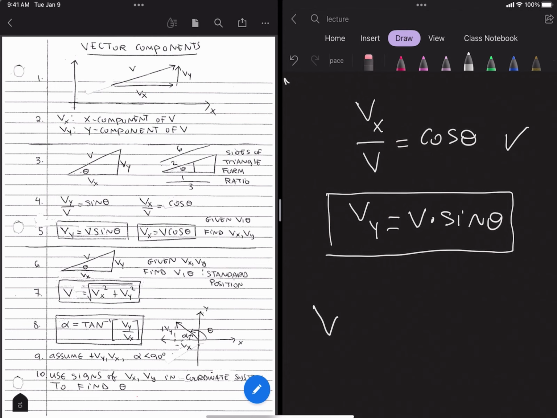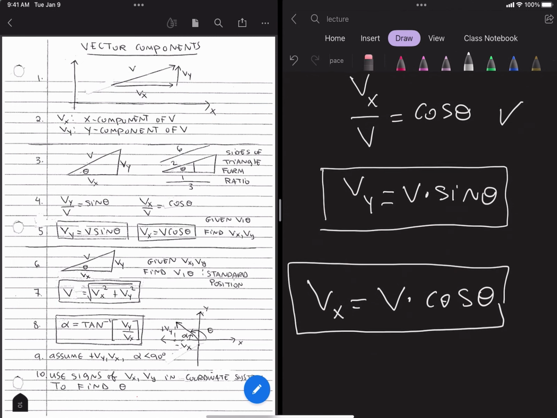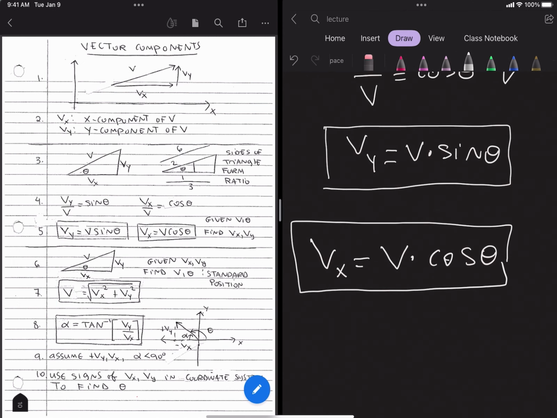So vx is going to be the magnitude of the vector v multiplied by the cosine of the angle. And these are two important formulas. These are going to be used for word problems where you're given the magnitude v and the direction theta, and you want to find the x component and the y component.